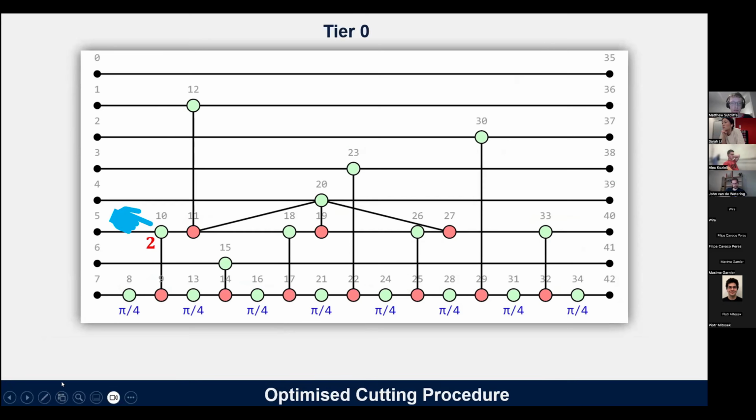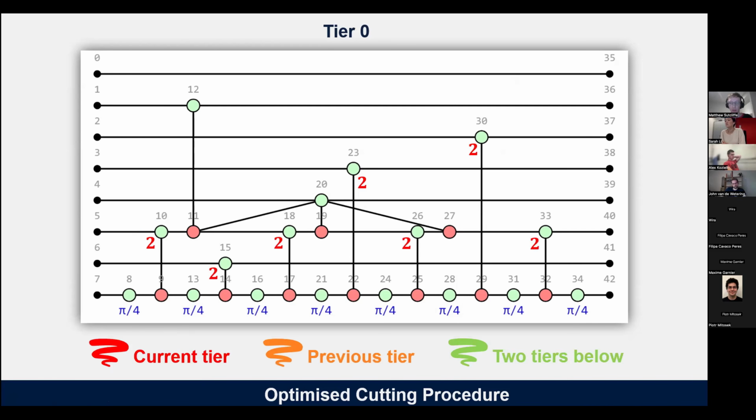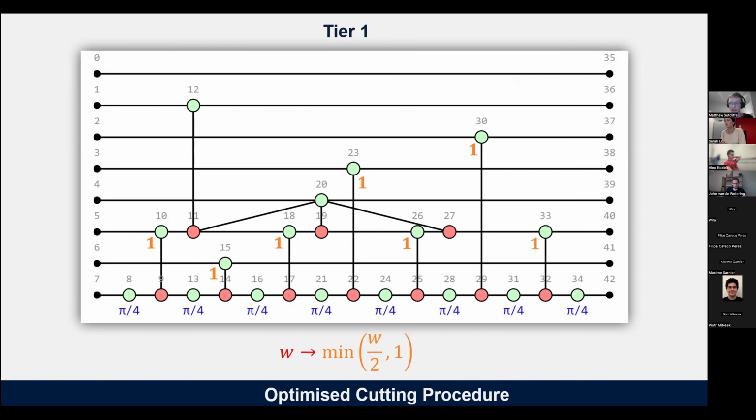So for each of these C knots that are blocking T gates from fusing, we'll give it a weight of 2. 2 meaning that if we were to cut this, it would allow 2 T gates to fuse together and cancel out. So we'll set all of those, and this is the bottom tier. And then on the next tier up, we'll be looking down at the previous tier, and it'll be halving all of their weights.